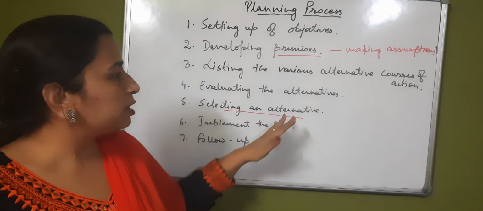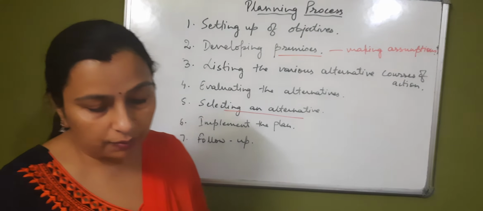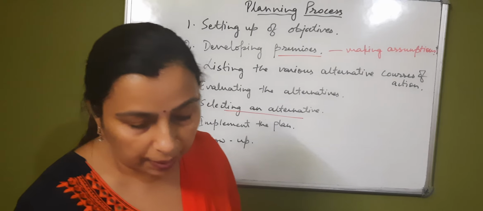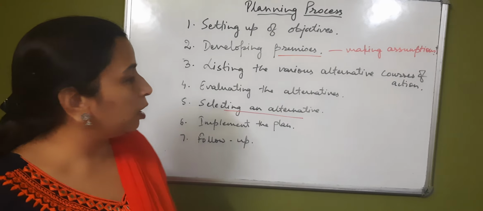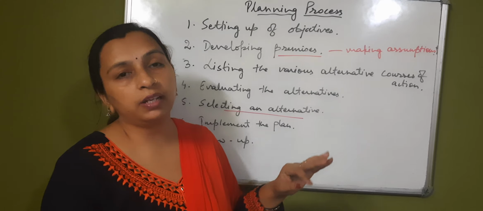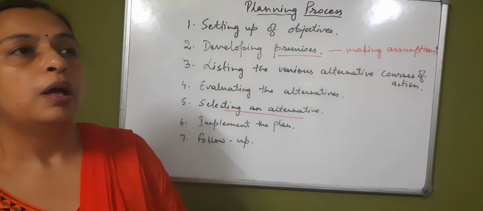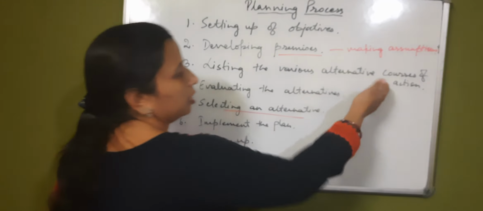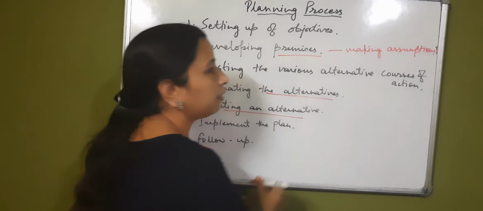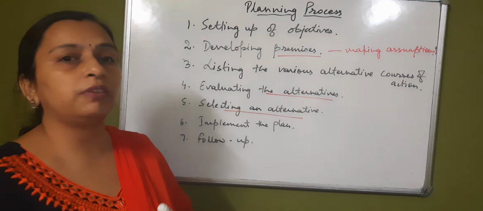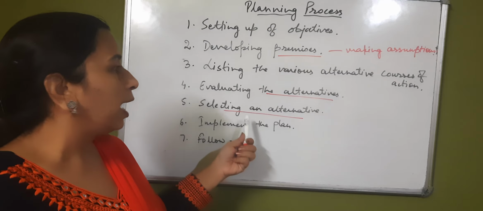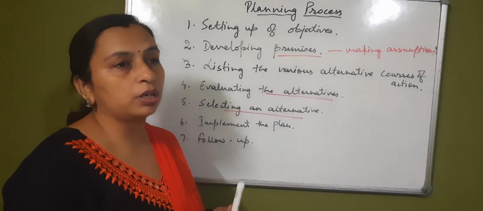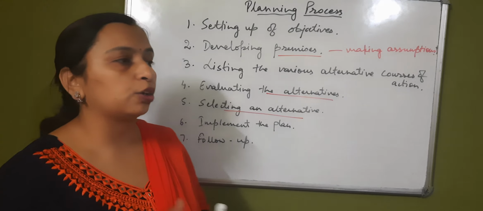So we have to select that one only which gives you the maximum benefit. Because on the basis of this alternative, derivative plans are also made. So in organization, we have to see how many alternatives are available. Then we have to evaluate, see the negative and positive effect of these alternatives. And then we have to select the best alternative in terms of benefits and cost.